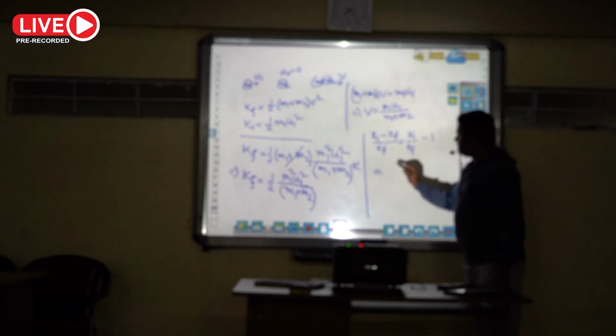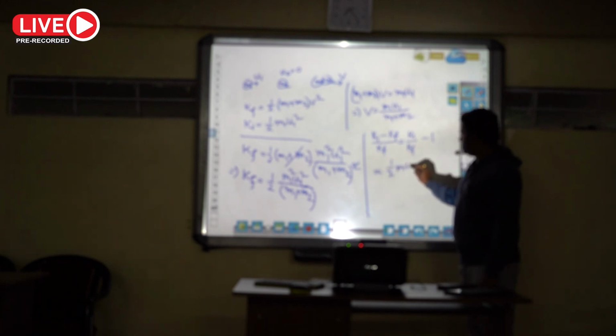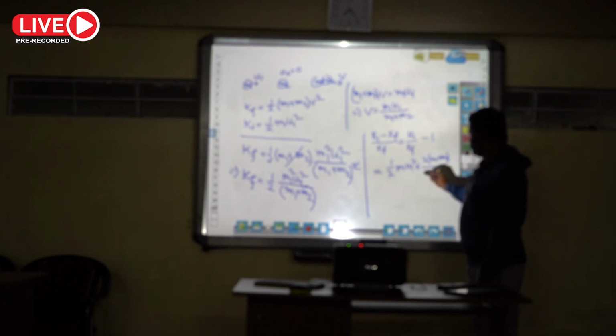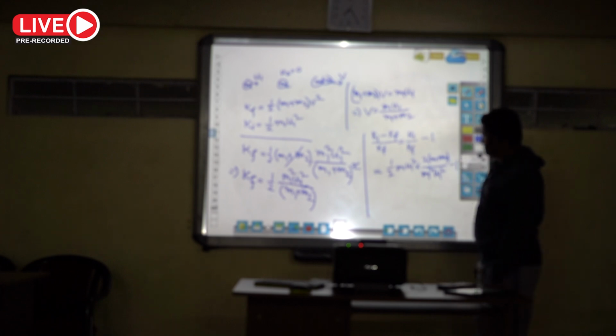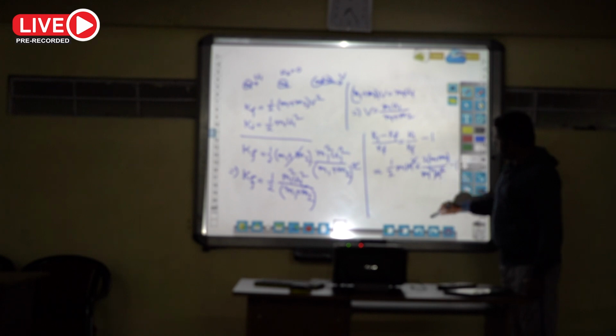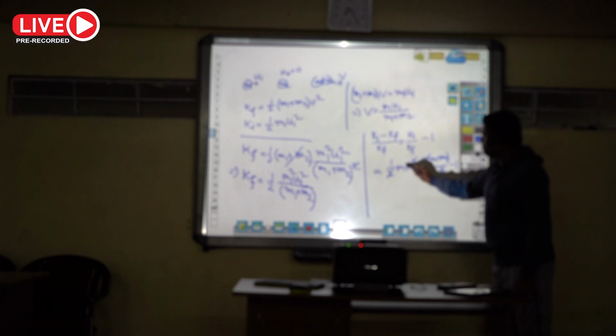Now what is Ki? Ki is half m1 u1 square, then 1 by Kf means 2 (m1 plus m2) divided by m1 square u1 square, this minus 1. Now this u1 square will cancel, 2 will cancel, and one m1 will cancel.